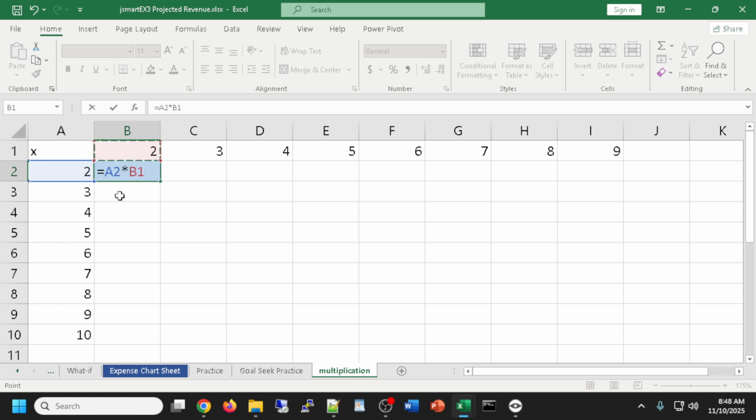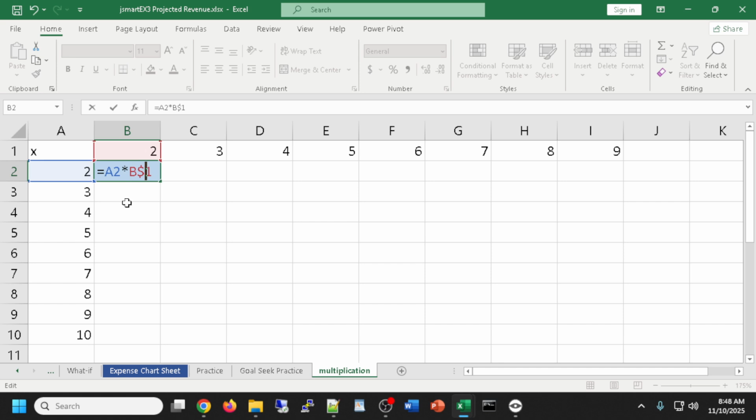What goes here should be B1 times A3, B1 times A4, B1 times A5. What isn't changing? The row, right? I always want to reference the row that I'm getting that number from as I go down.